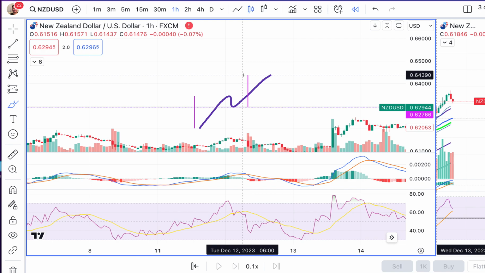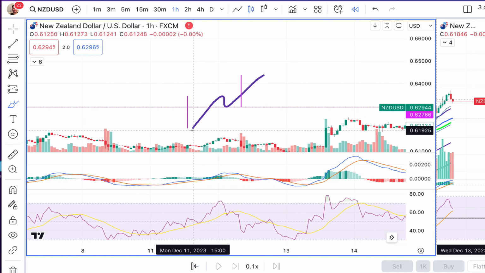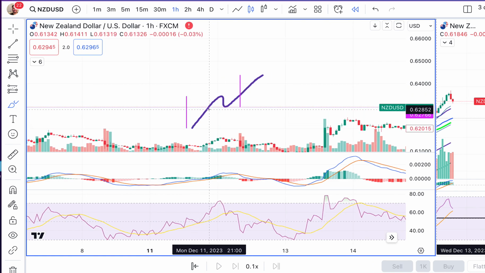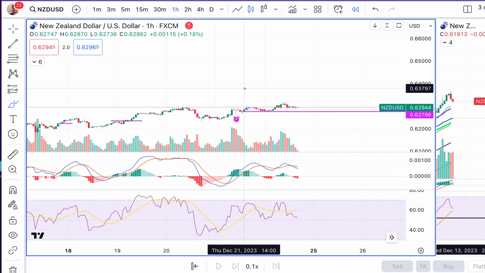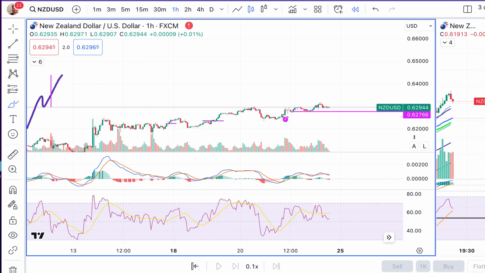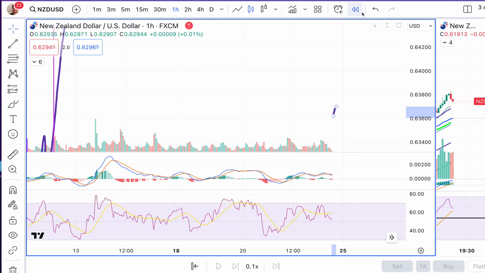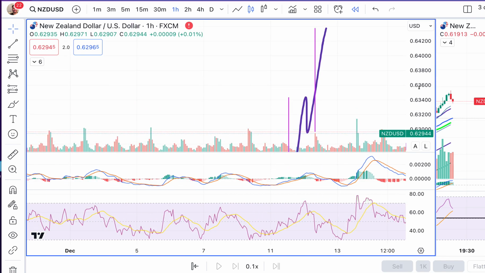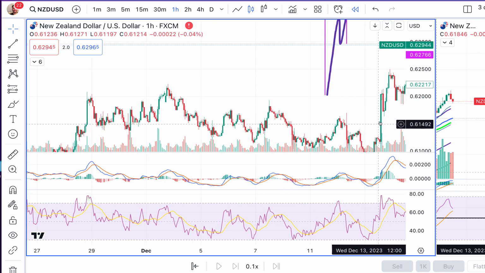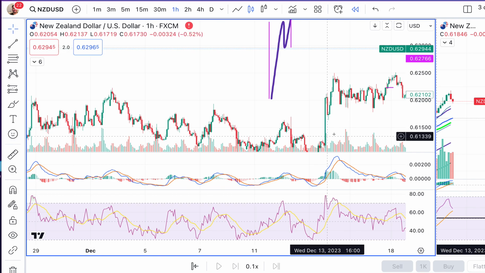So your goal here is to, number one, identify a very strong impulse wave, which we did over here with this FOMC announcement on the 13th, right here at 2 o'clock.